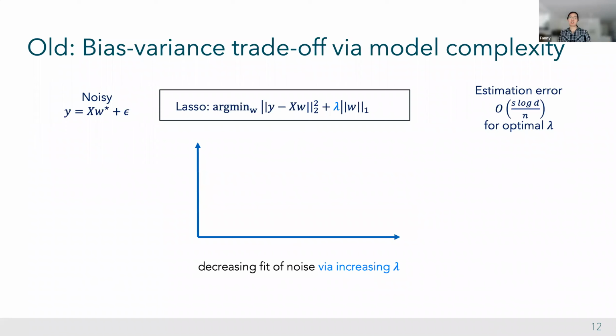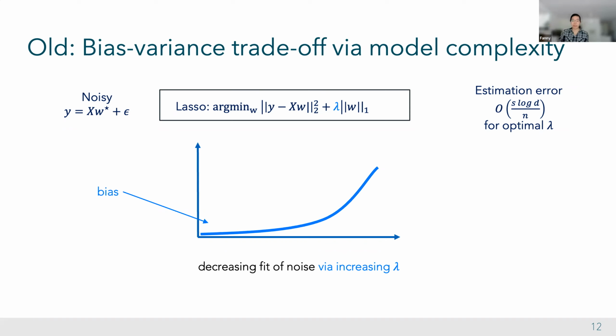On the x-axis, you really have varying model complexity. Or here, you're just allowing the L1 norm to be larger or smaller. So as we go in the right direction, we are increasing lambda, and we want to see what happens to the bias, the variance, the MSE and the error.